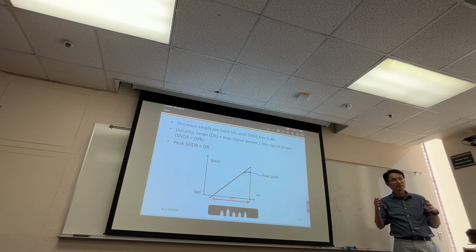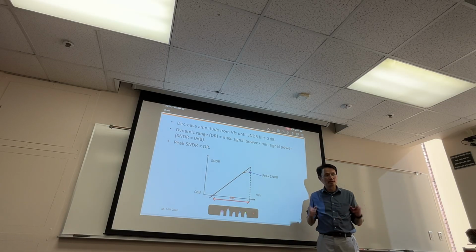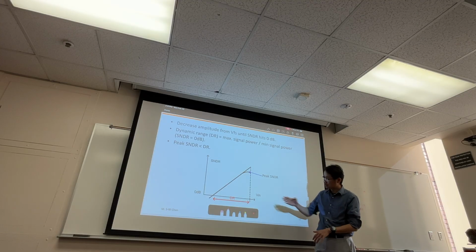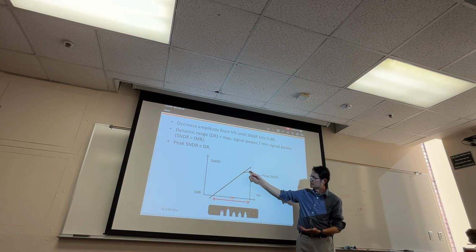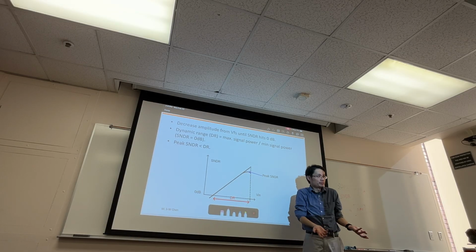The basic idea is to define the dynamic range as the workable input range. The maximum input is, let's say, the 1 dB compression point from the ideal curve. That's where your maximum input can be.